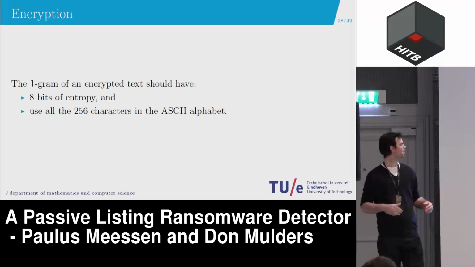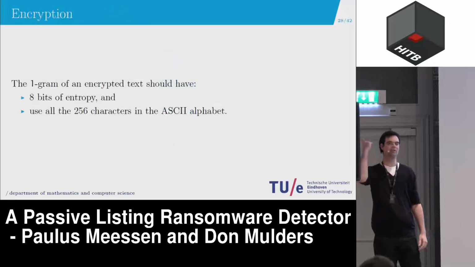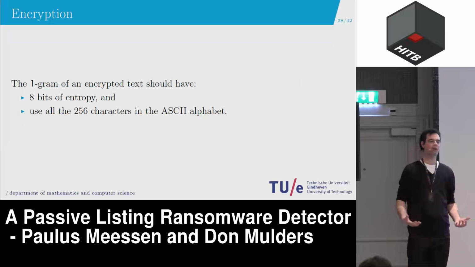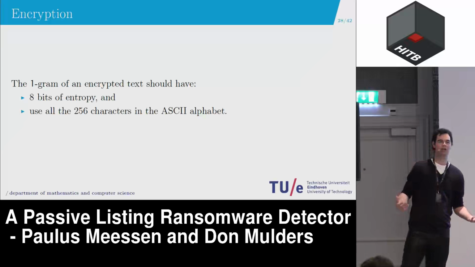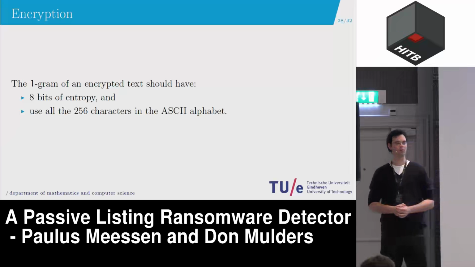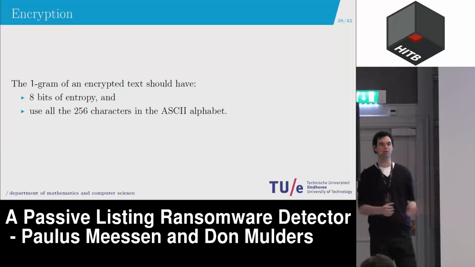So we expect to find in the theoretical ideal case of proper encryption 8 bits of entropy for this distribution, and of course that the files will use all the available characters about equally as often.